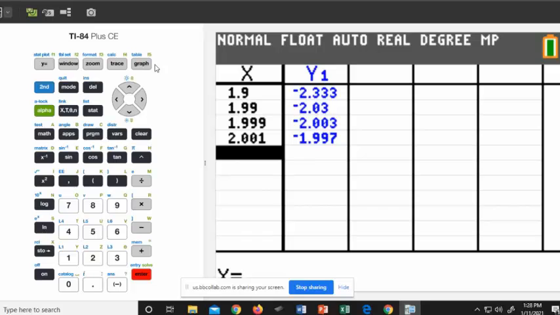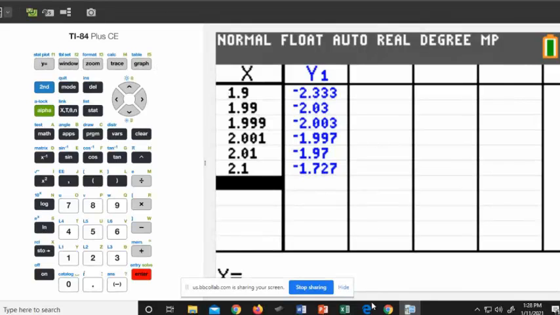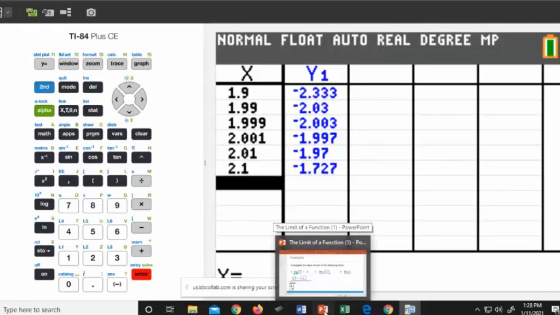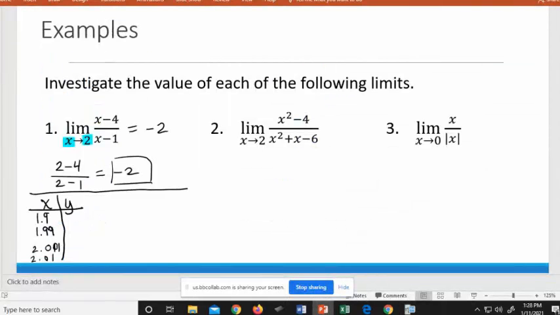I know I'm going kind of backwards, but 2.01, 2.1. Do you see from down to up, it's definitely approaching -2. So from either direction, the y values are approaching -2. Okay, so we verified it numerically.